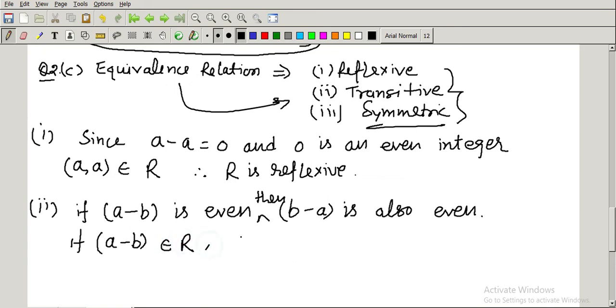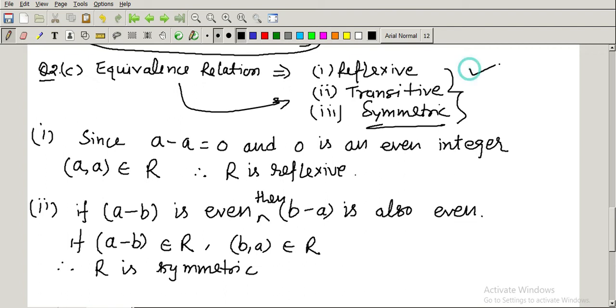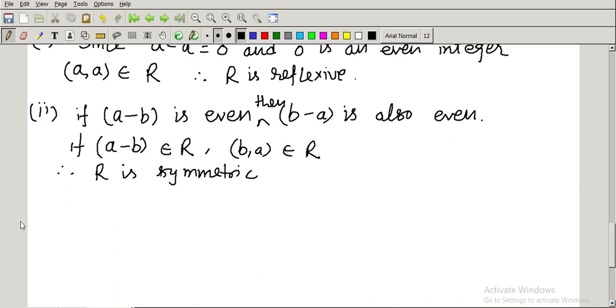Then (B, A) also belongs to this R. So we can say R is symmetric. कंडीशन क्या है? 3 ही तो कंडीशन है कि अगर रिफ्लेक्सिव होगा और सिमेट्रिक होगा, ट्रांजिटिव होगा, तो क्या होगा? ये इक्विवेलेंस रिलेशन होगा. आप इस बात को ध्यान रखना, क्योंकि they can ask in exam what do you mean by equivalence relation. So you have to write these 3 conditions for a relation to be equivalence: reflexive, symmetric and transitive.